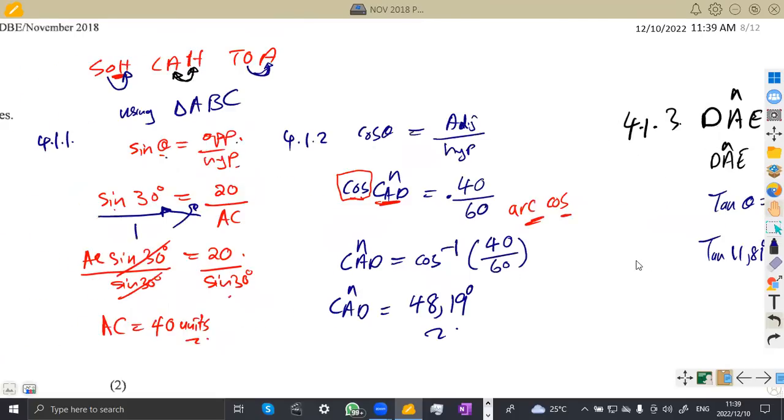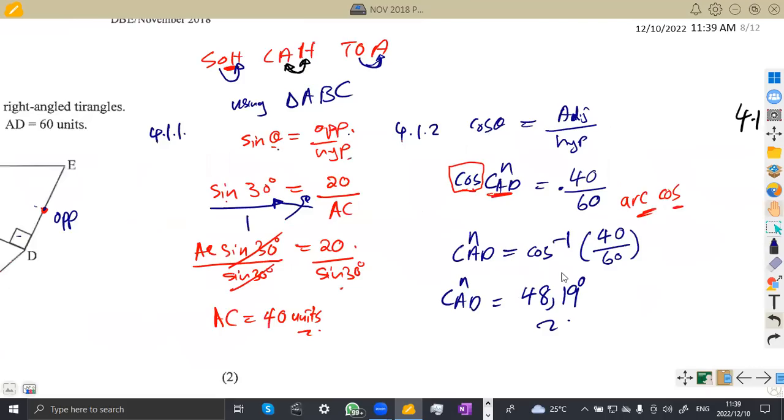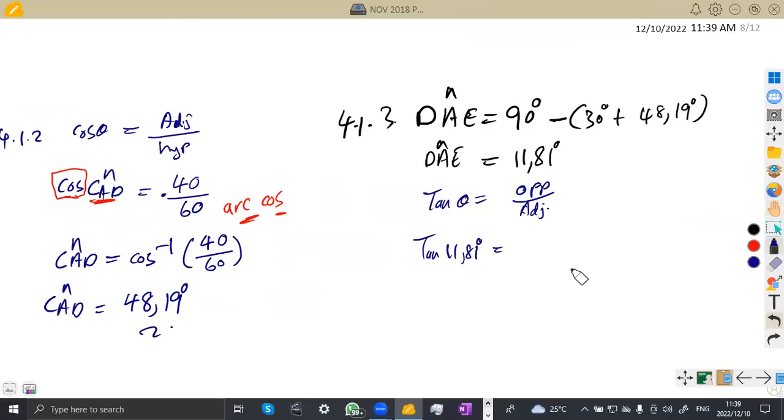So let's check which one is the opposite, which one is the adjacent. So the opposite is the DE that we need, and the adjacent is the 60. So it's DE over 60 units. All right, so that is DE over 60. So with this ratio, we can be able to calculate DE by just cross multiplying, because this is same as over 1.